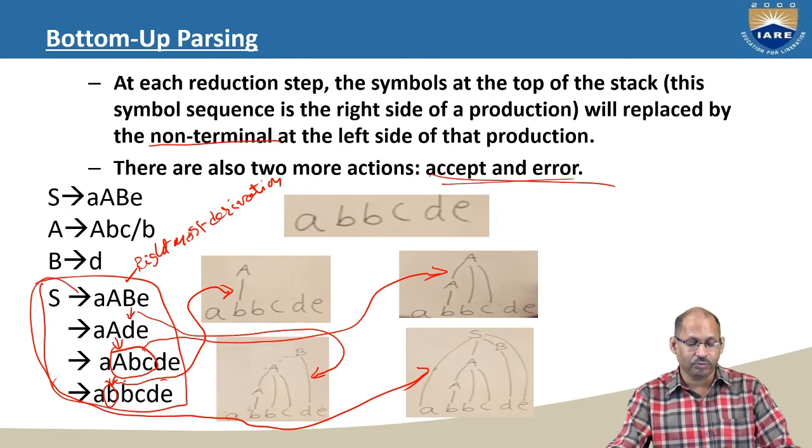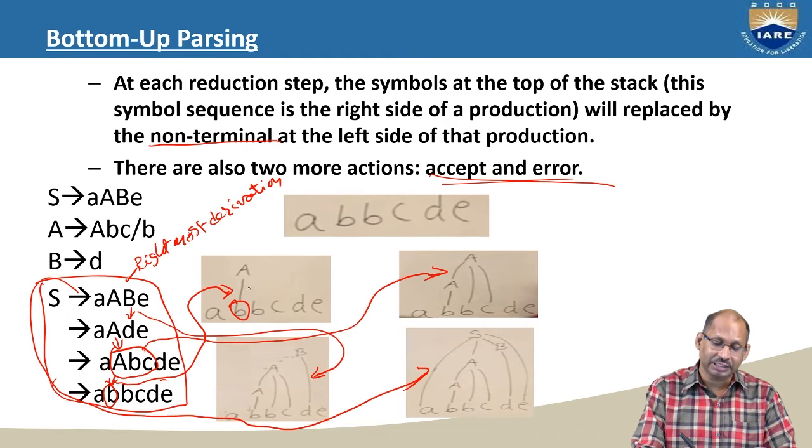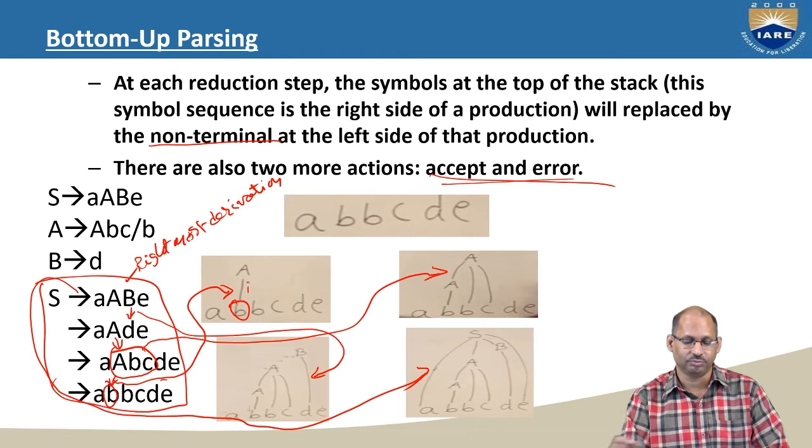Variable A gives B. So we reduce B as A in reverse.